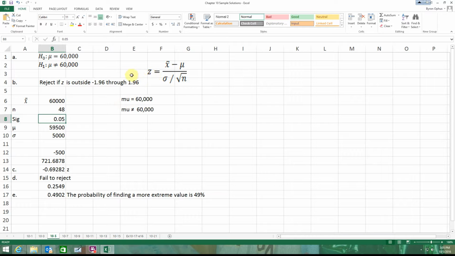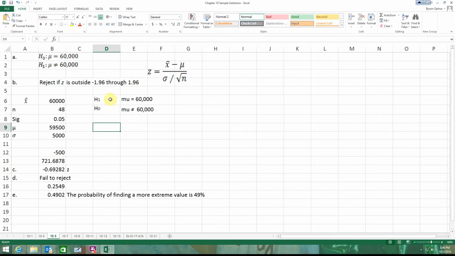Okay, so our formula is the same. Now I do have to state the hypothesis. These are a little bit tough, so if you want to do it like this, you go H sub 1, and H sub 0.